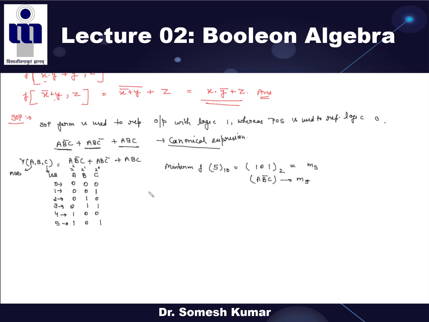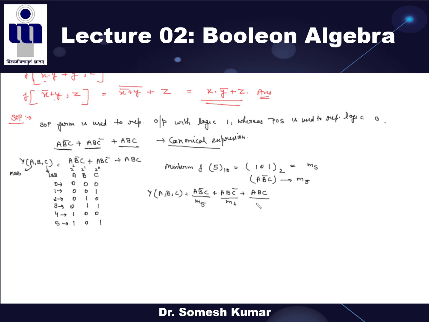Now, coming back to this expression, I am going to tell you how to represent an expression in the form of minterms, the standard SOP form. What is A B bar C? This is minterm 5. This is A B C bar, minterm 6.